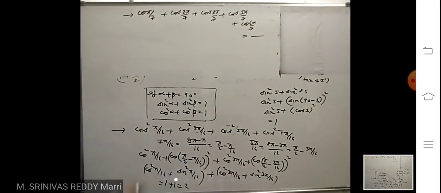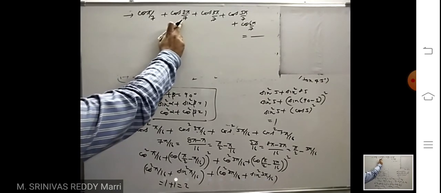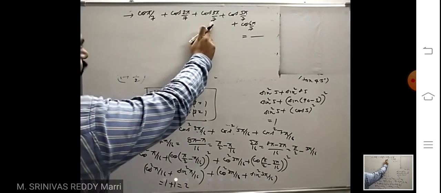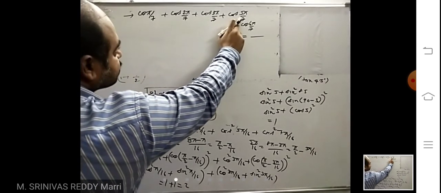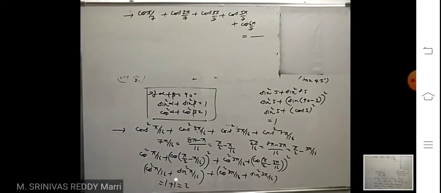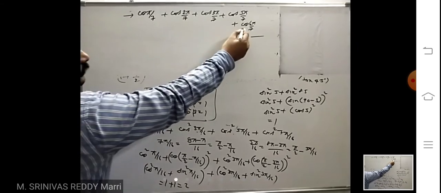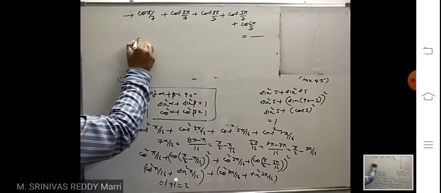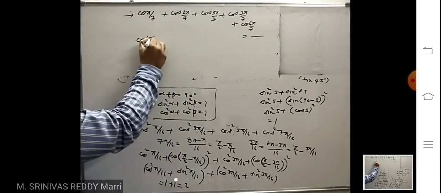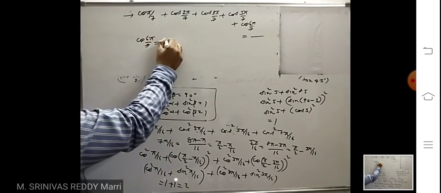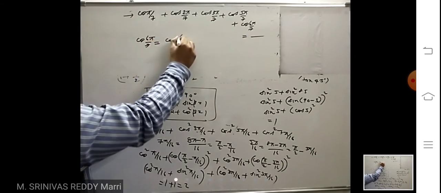Look at cos pi by 7 plus cos 2 pi by 7 plus cos 3 pi by 7 plus cos 4 pi by 7 plus cos 5 pi by 7 plus cos 6 pi by 7. Now if you look at cos 6 pi by 7, you have to change it.